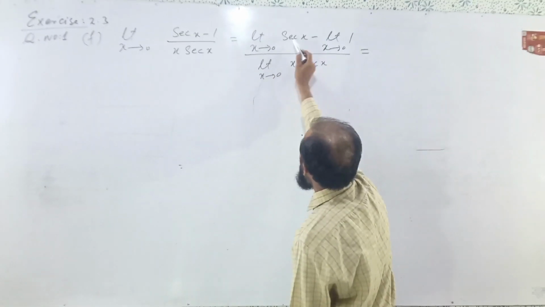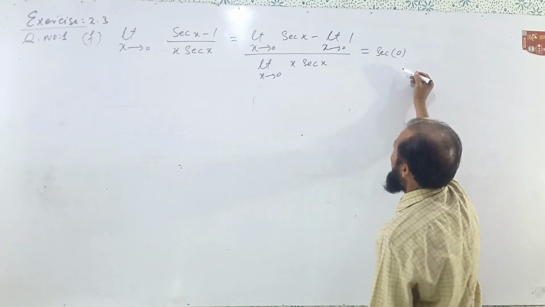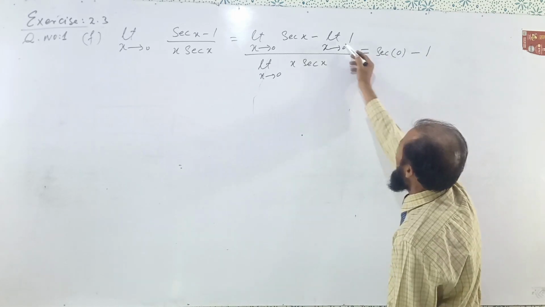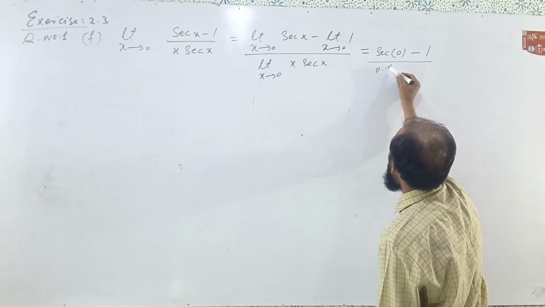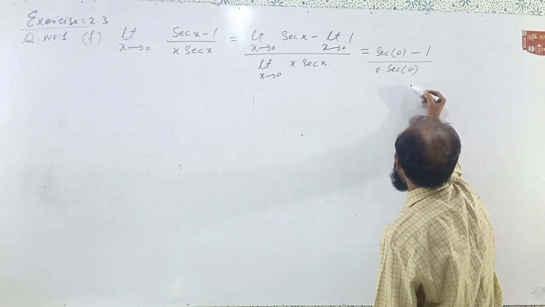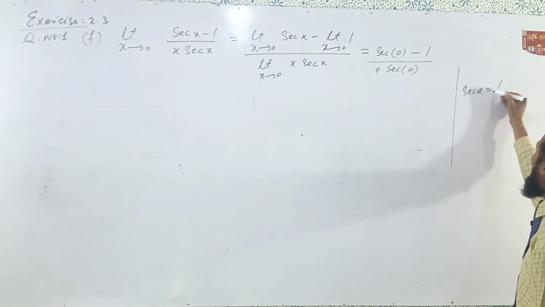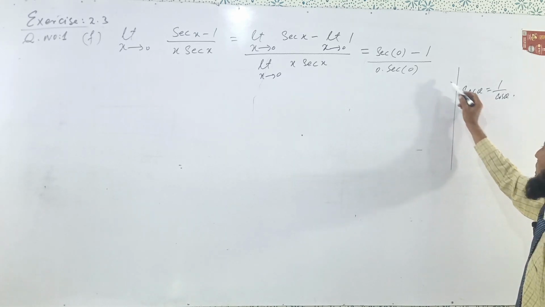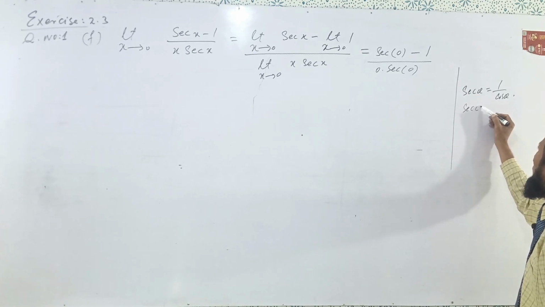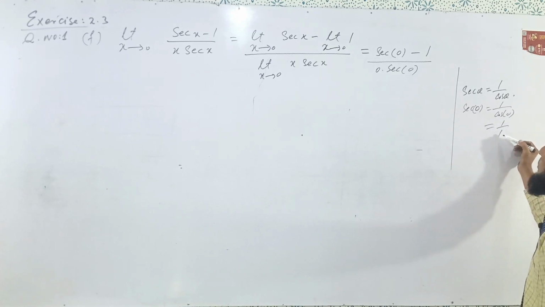Now if we put x directly, secant in the place of x we put 0, and here the constant rule is applied. Similarly, here 0 multiplied by secant 0. According to the formula, secant theta is equal to 1 over cos theta. So secant 0 will be 1 over cos 0. Now cos 0 is equal to 1.